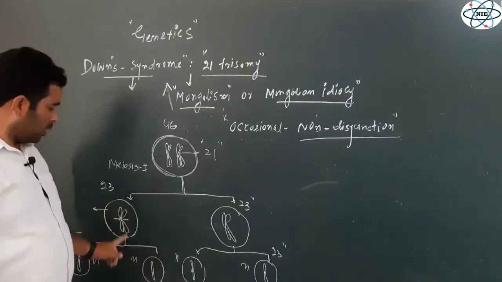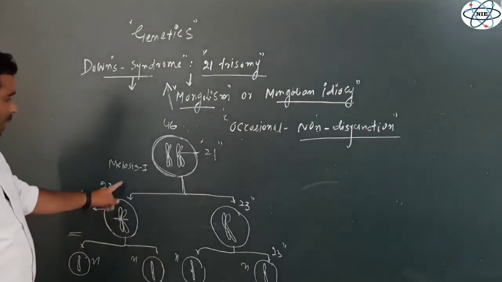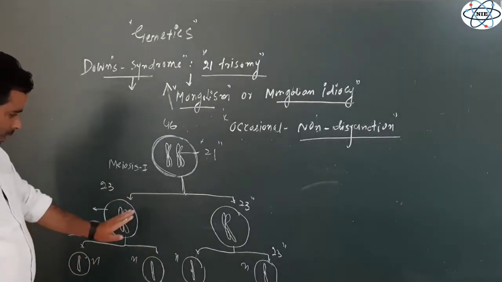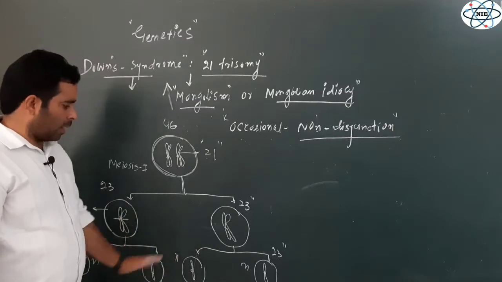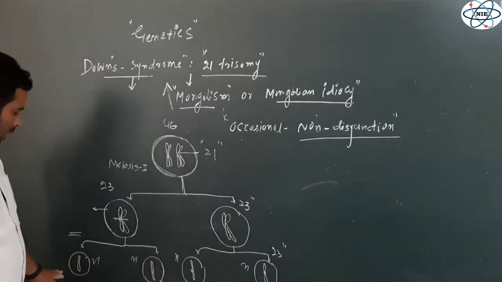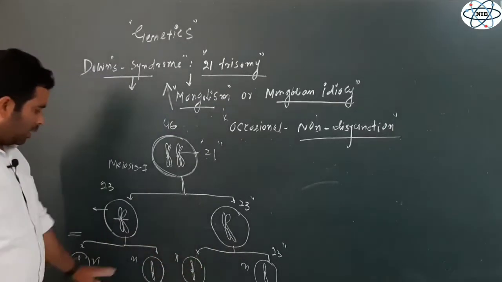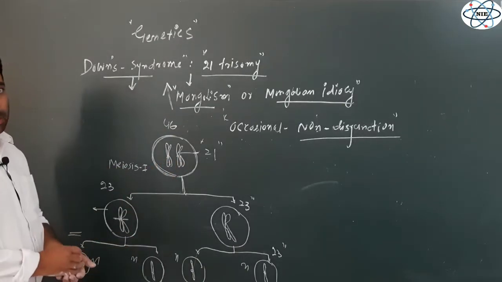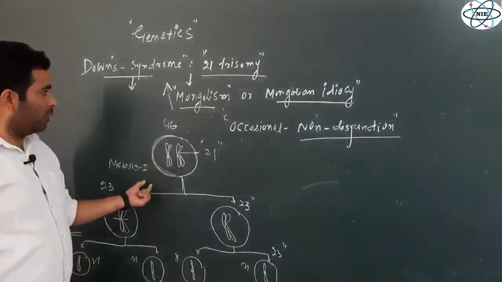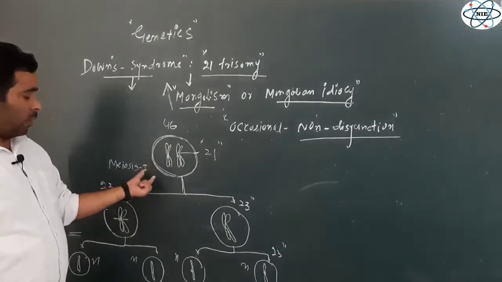Then in further division, the chromatids separate equally and each of the four daughter cells receives one copy of 21. This is the normal phenomenon of disjunction, the normal phenomenon of meiosis.